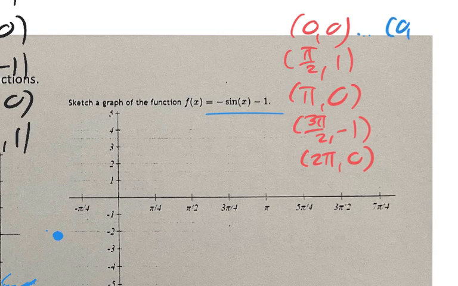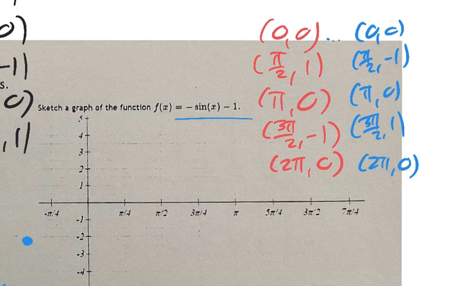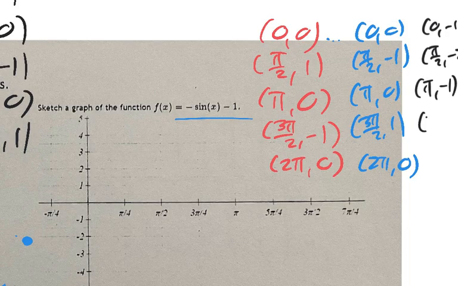So this becomes 0, 0, pi over 2, negative 1, pi 0, 3 pi over 2, positive 1, 2 pi 0. And now we're going down 1. So down 1, this becomes 0, negative 1. Pi over 2, negative 2. Pi, negative 1. 3 pi over 2, 0. 2 pi, negative 1.